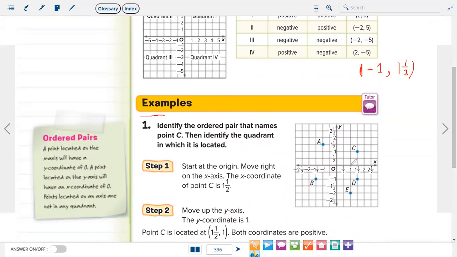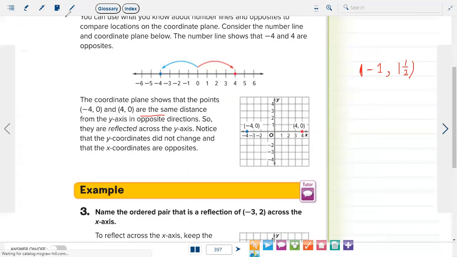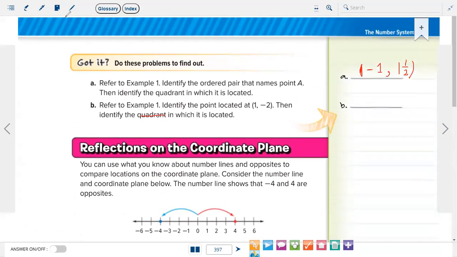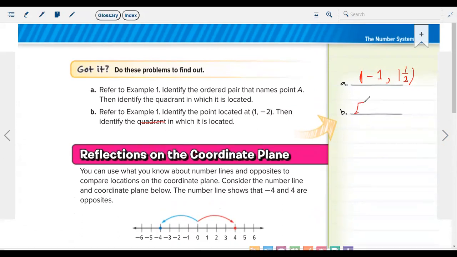We move till we reach 1 on the x, and we go down till we reach negative 2 on the y. So it's E, exactly E. And it exists in quadrant IV, the fourth quadrant. Let's write this down. So we can say E and quadrant IV.